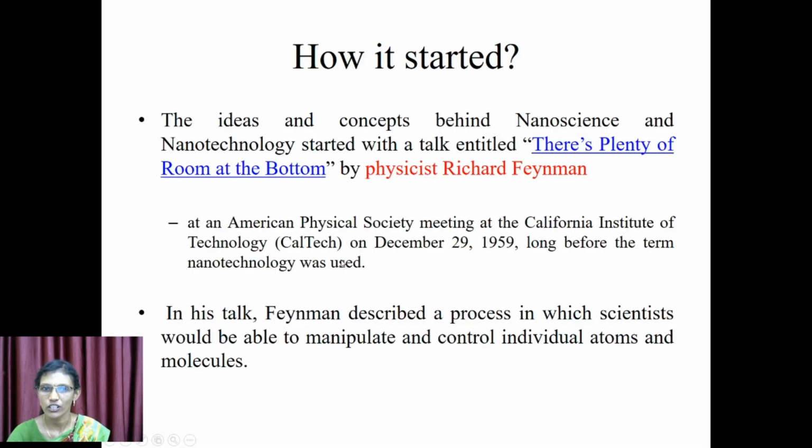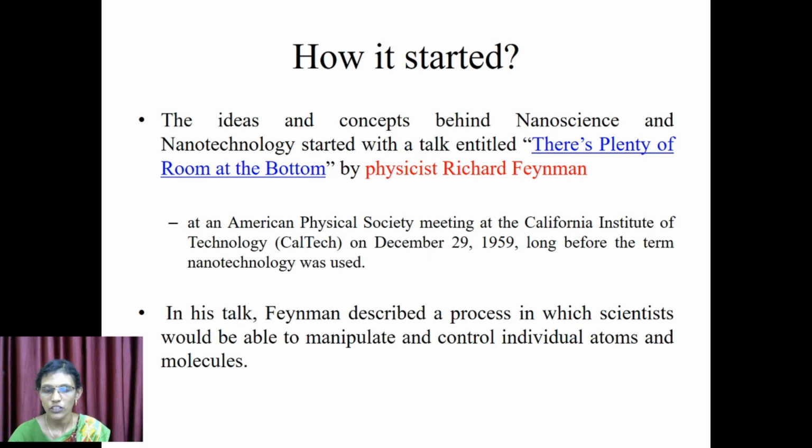Okay, how did it start? The idea and concept behind nanoscience and nanotechnology started with a talk entitled "There's Plenty of Room at the Bottom" by physicist Richard Feynman. He gave the talk at the American Physical Society meeting at the California Institute of Technology on December 29, 1959, long before the term nanotechnology was used.